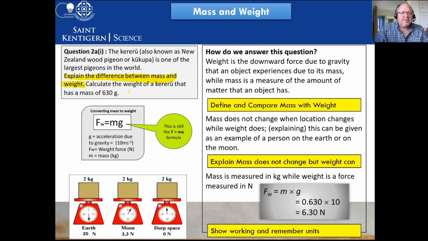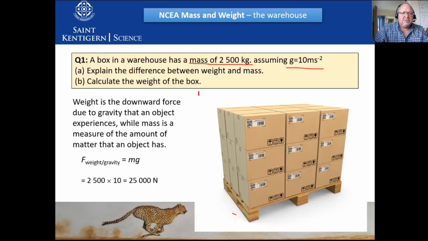Calculate the weight of the Kereru that has a mass of 630 grams. You guys see what they're doing here with us? They're trying to catch us out. What did we use in this one? We used kilograms.